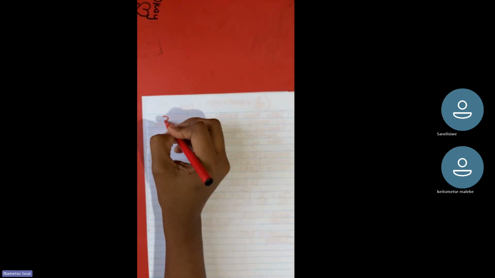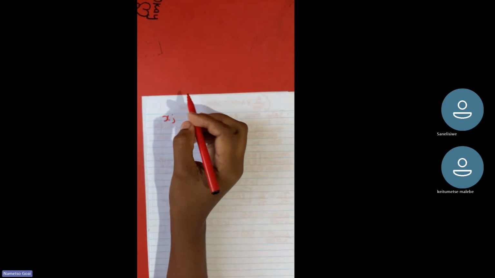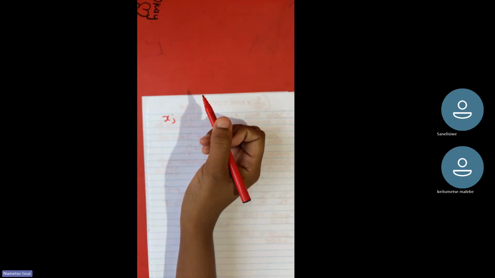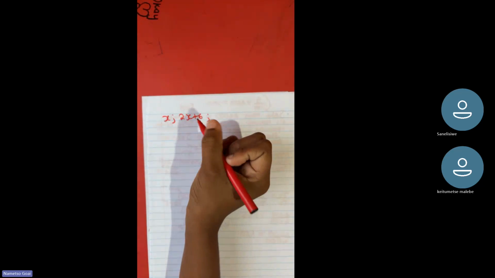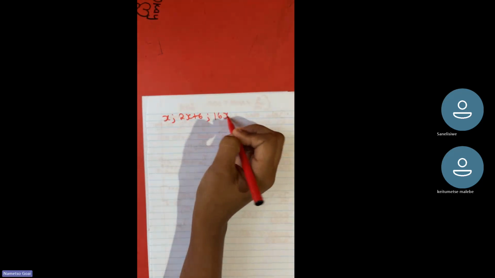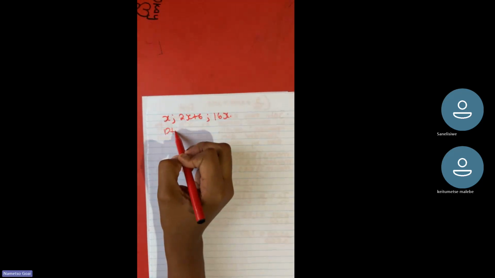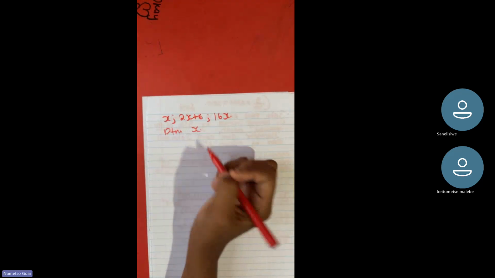Okay, let's say we have x, 2x plus 6, 16x, right? And they're telling us to determine x.